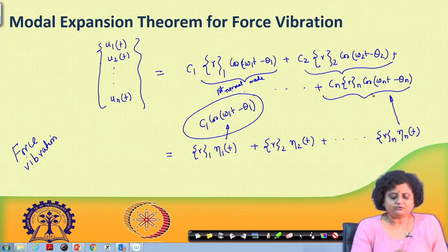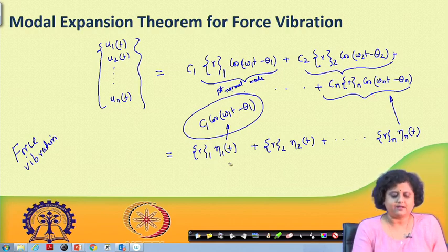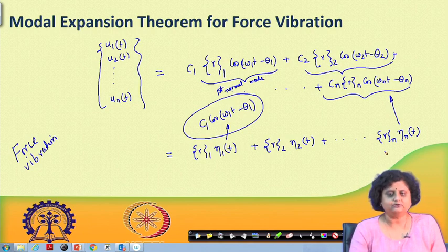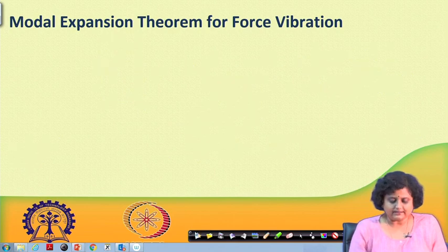For a forced vibration system, depending on the nature of the force that we are applying, we will be able to evaluate eta 1 t, eta 2 t, eta n t. We will discuss further how to use this to solve a forced vibration problem and how we can solve for eta 1, eta 2 and so on till eta n.